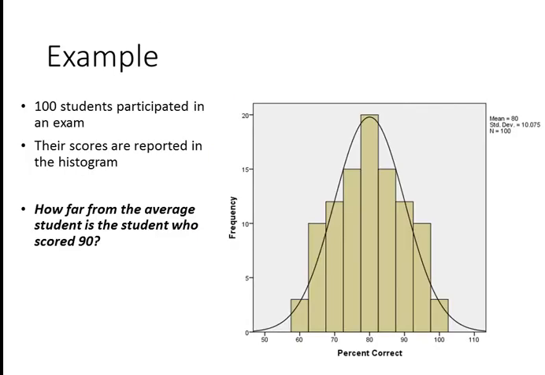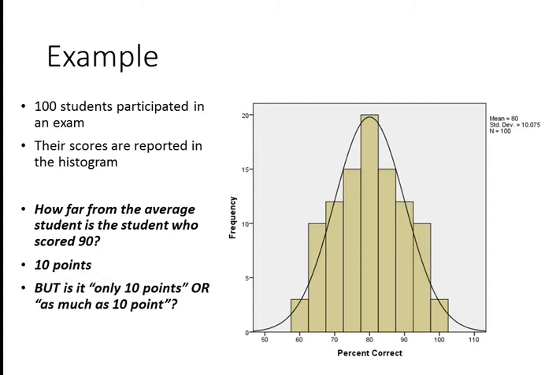Okay, so let's get back to our example with grades. What if I want to know how far from the average student is the guy who answered 90% of questions correctly and got 90? The obvious answer is that this guy is 10 points above. But is it only 10 points above, or wow, as many as 10 points above?